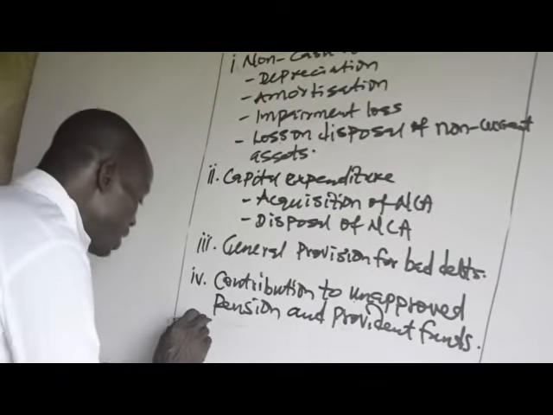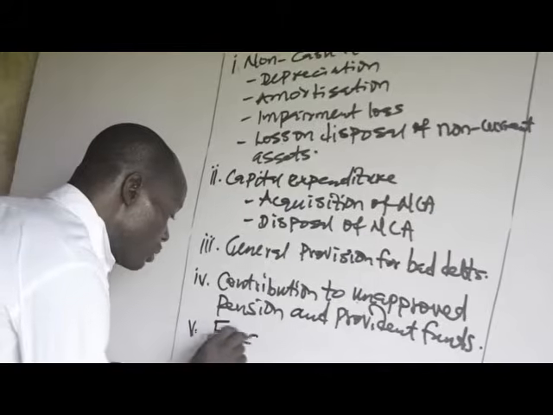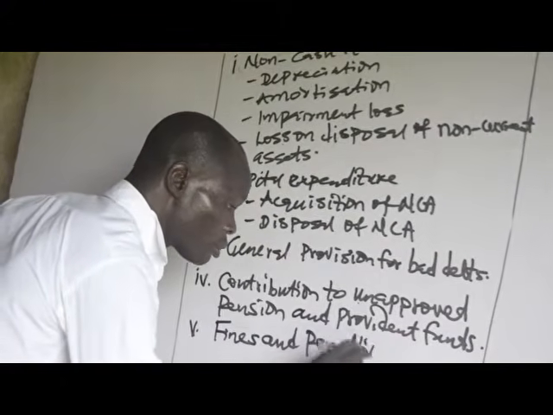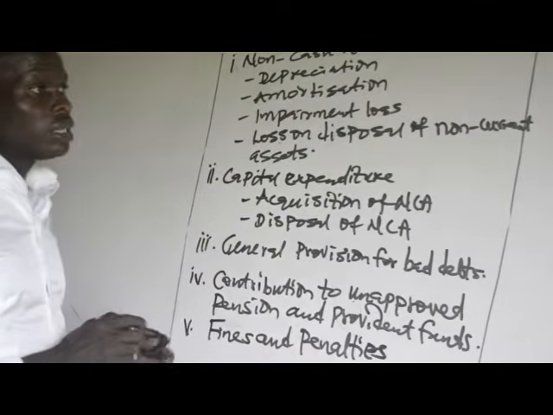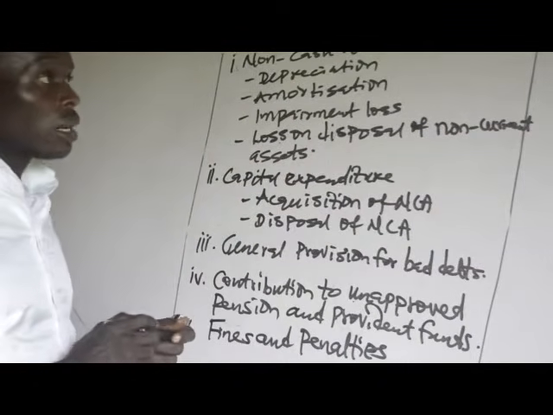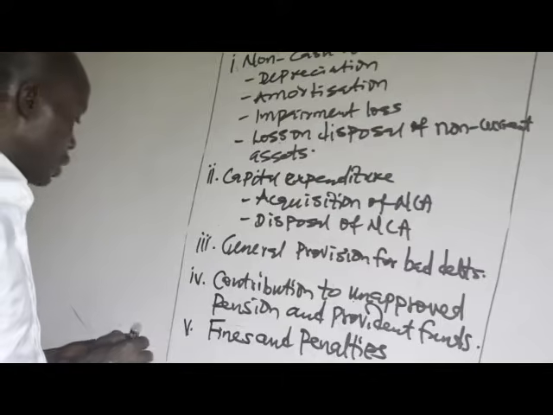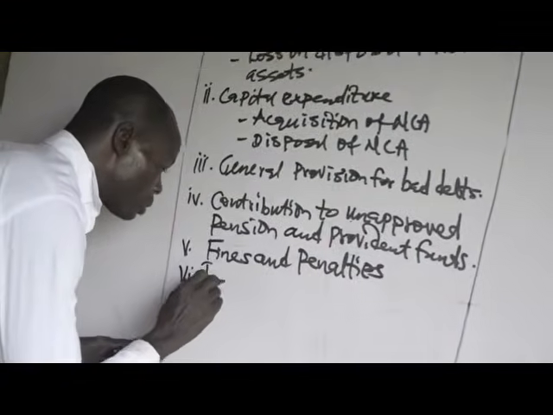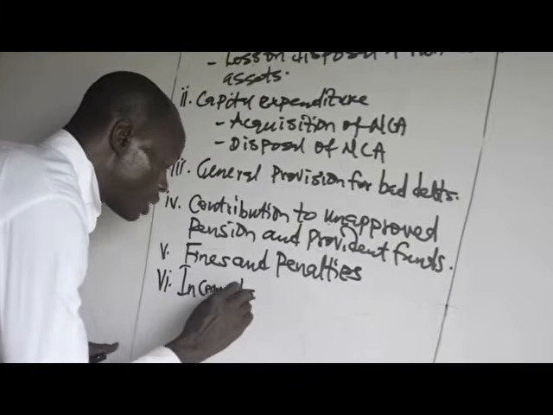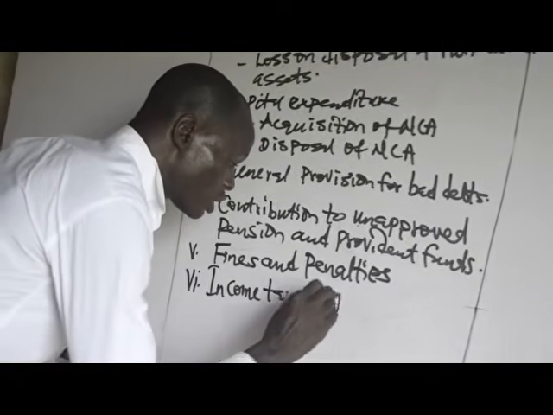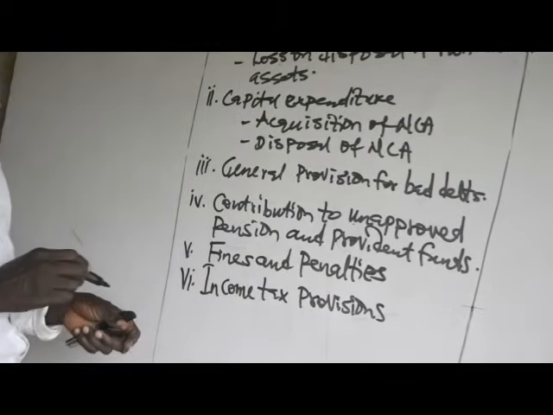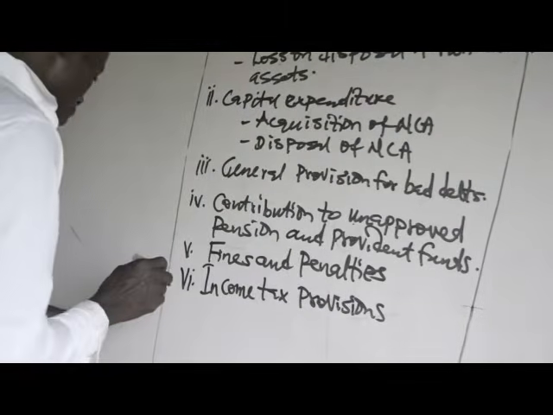Then we have fines and penalties. Fines and penalties are not allowable for tax purpose. Then we have income tax provisions. Income tax provisions are not allowable.